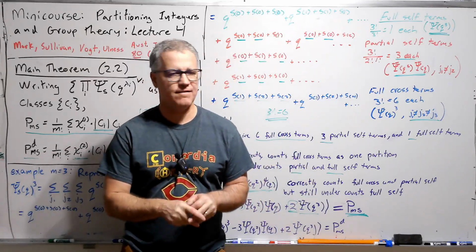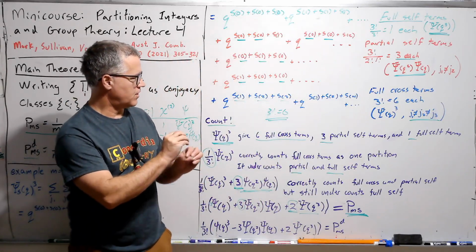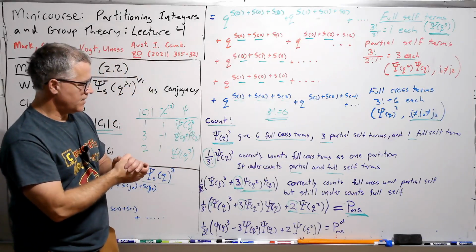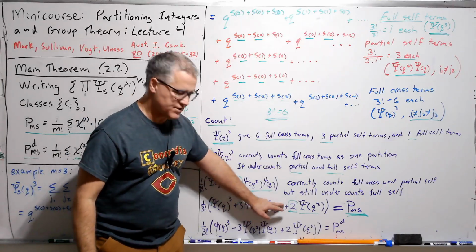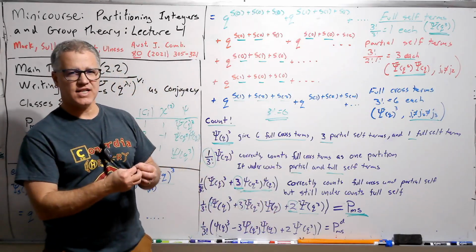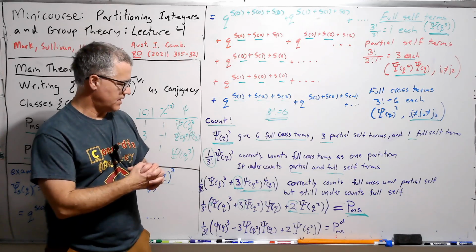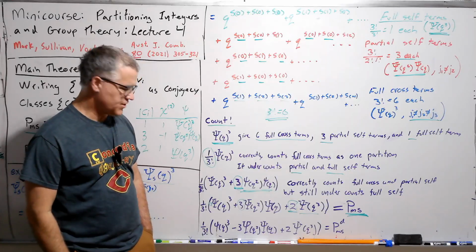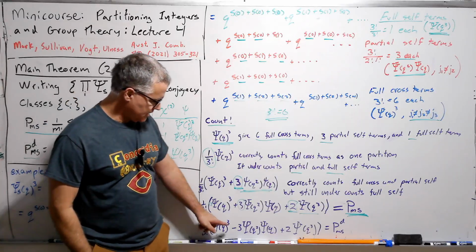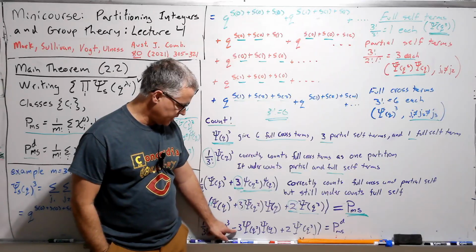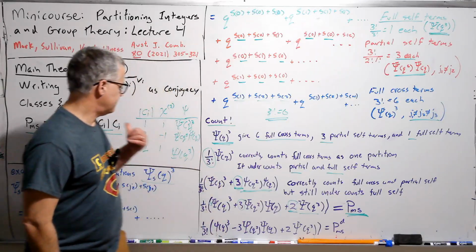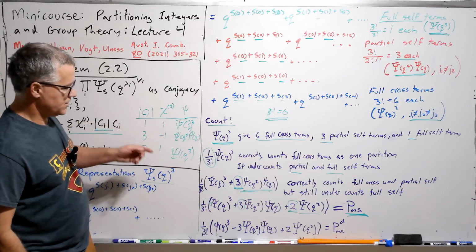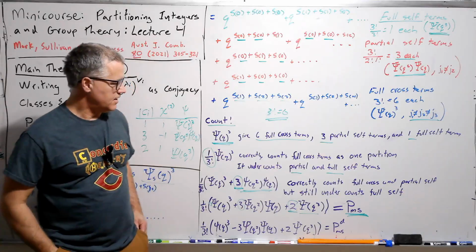Hopefully you have a sense for where things are. Where I maybe still haven't convinced you yet might be why these are the conjugacy class sizes. So focus in on that. Maybe you're seeing it right away. And then also, why are these the sign characters? That's a little bit tricky, I think, to really understand.